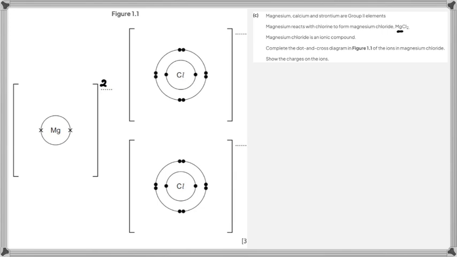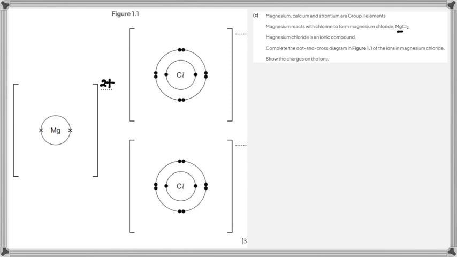Be careful with this kind of question, because it says complete the dot and cross diagrams. There are not enough shells for each atom or ion given, which means we will have to add shells and electrons. Some answers will just have the charges and therefore miss out on 2 marks.